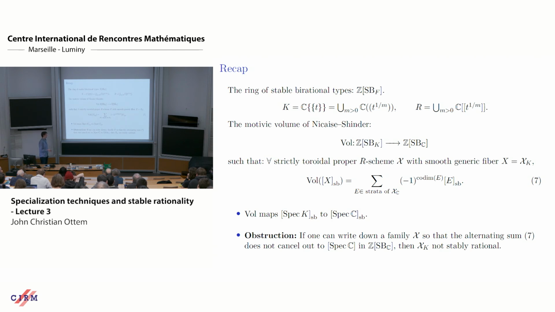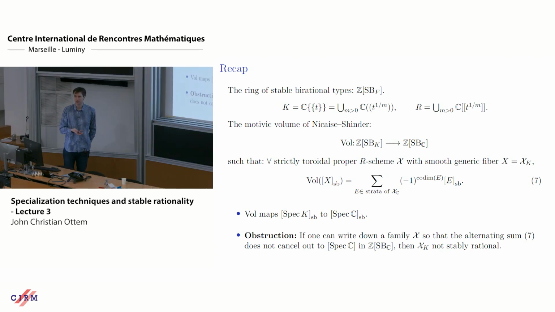So the main point, and maybe this is a slogan for the whole lecture series: if you have a variety that you want to prove is irrational, the recipe is you try to write down a degeneration so that it breaks up into some smaller pieces.